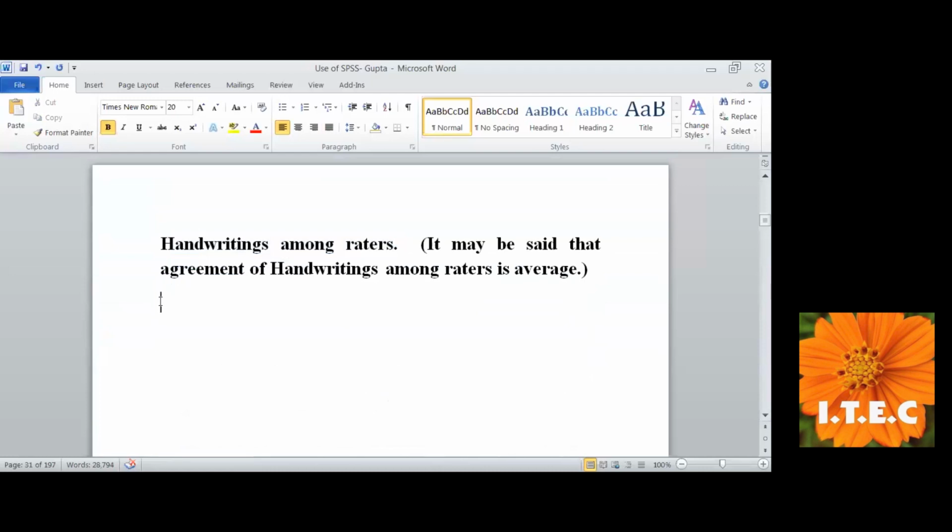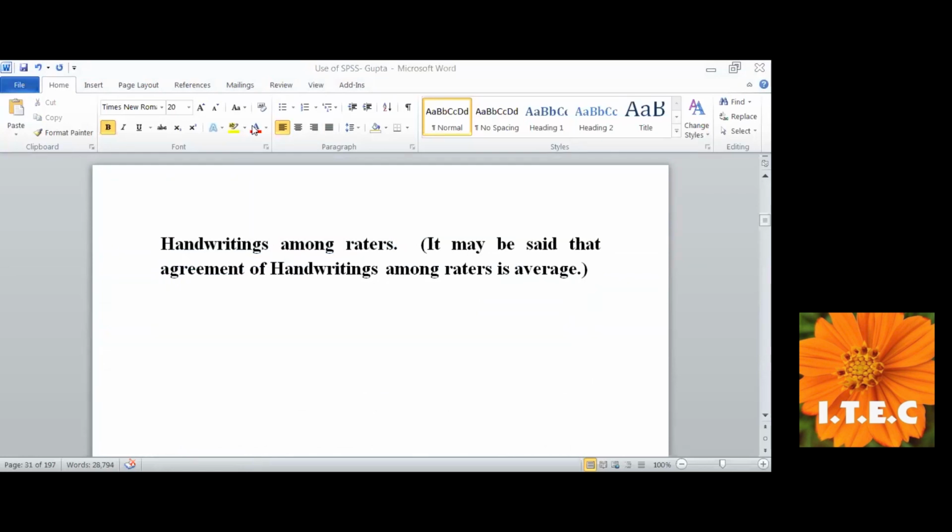Do you want any other example? No, Kishore, you cannot find out whose agreement is better, because it gives you the overall rating.